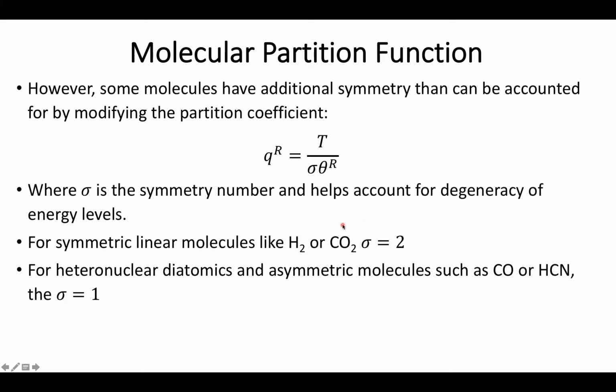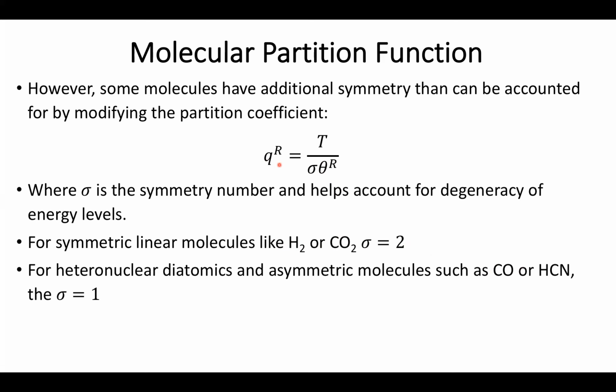However, if I have heteronuclear molecules, so things like CO or HCN, ones where it's very clear to see which end is which, then we get to use the previous version of just temperature over characteristic temperature. And using this, we can go ahead and back out our rotational partition functions, which will help us determine many observable features, which we'll bring up later.